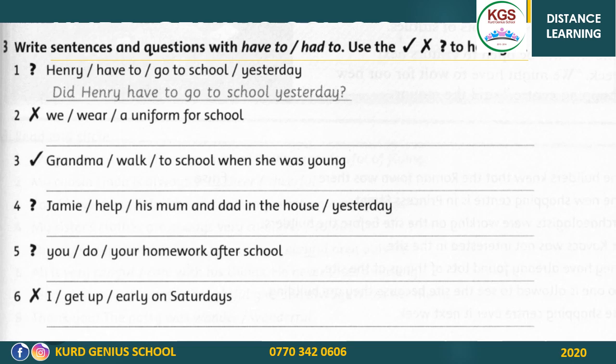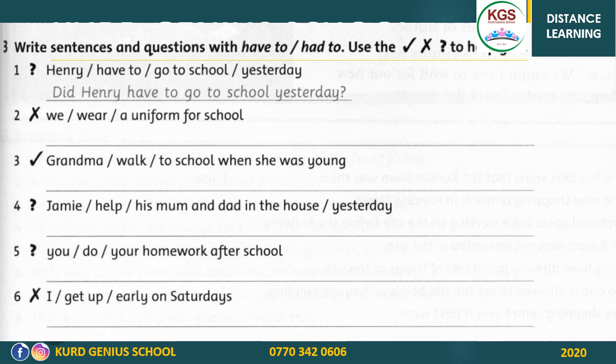Okay, number 5, again, question mark. You do your homework after school. That's the information that we have. Is there anything that tells us this is about yesterday or the past? No. So we will treat it as something present, and we're going to ask about it. Do you do your homework after school?